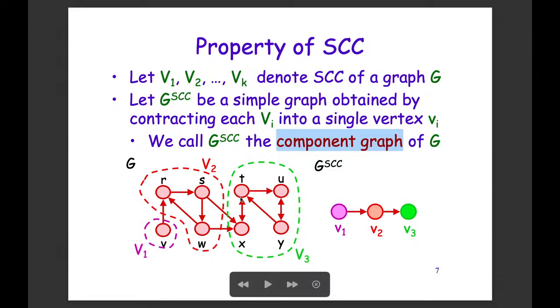On the other hand, if among the red and green components, the first vertex to be discovered lies in the green part, then what does that mean? By the time it is discovered, all these parts are white, and they are strongly connected to each other. So the DFS of this vertex will visit all the vertices in this whole green component, and by that time none of the vertices in the red part will be discovered because they are not reachable.